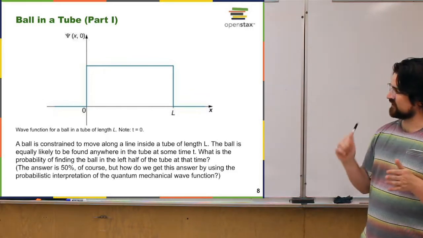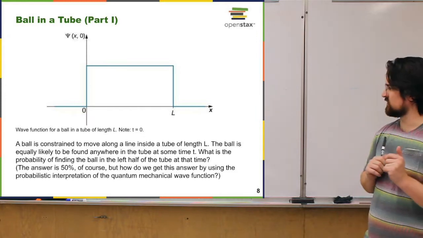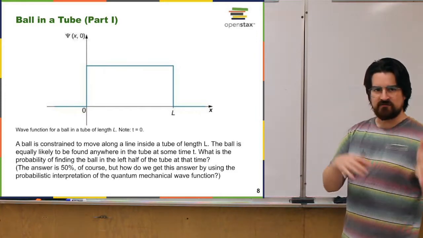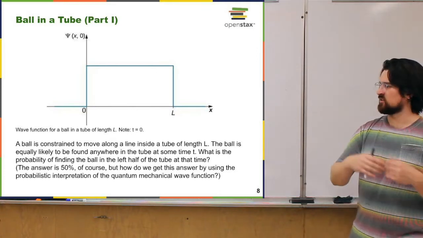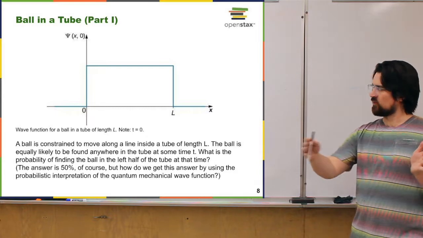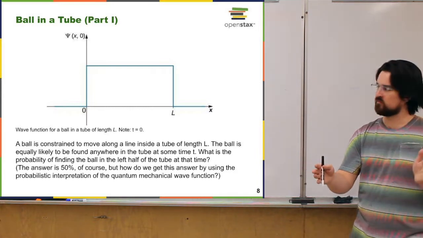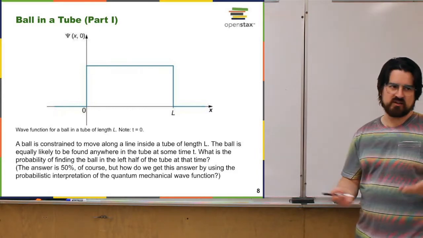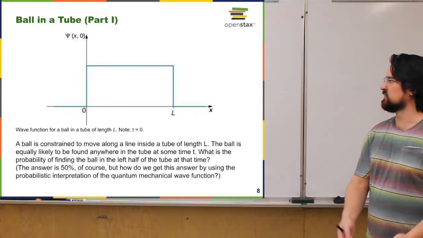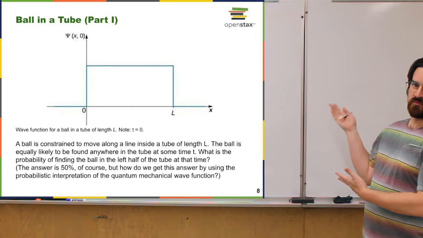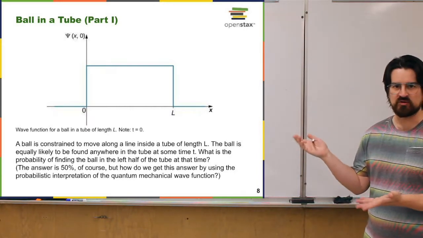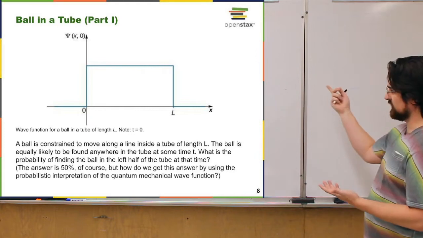This tube has length L, so the ball has got to be somewhere between 0 and L. The wave function of that ball tells us about the probability of finding that ball somewhere within the tube. The ball is somewhere in there, and we can just say it's equally likely to be anywhere in that tube. That's our assumption, so we can write what a wave function looks like that will give us an equal probability everywhere in the tube. And it's just that.